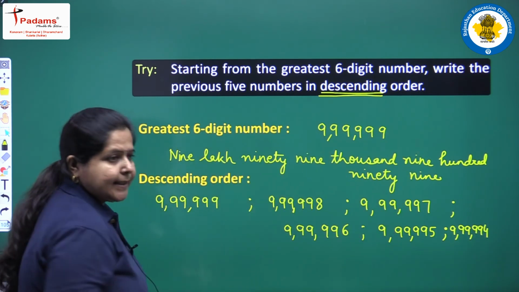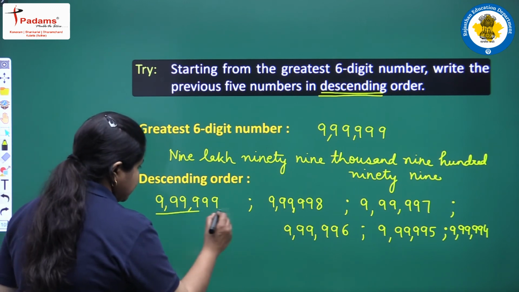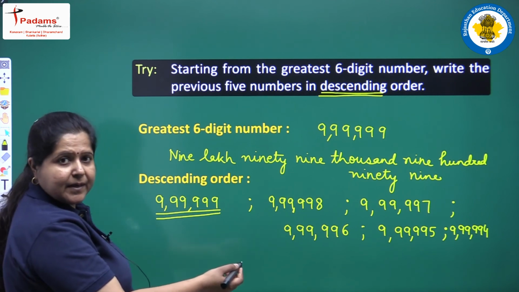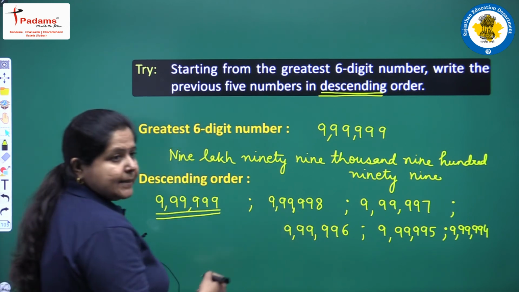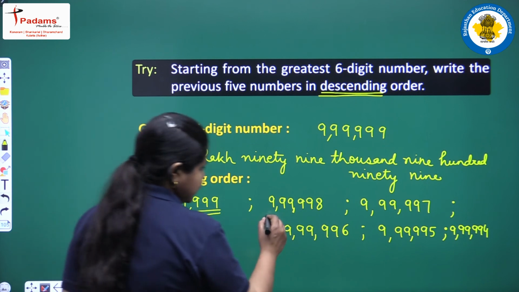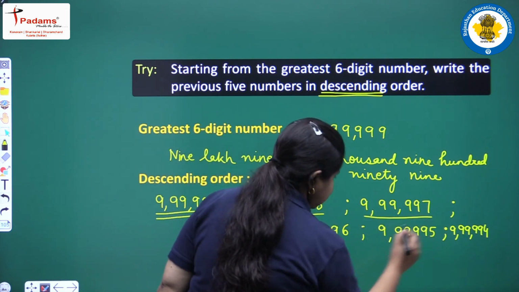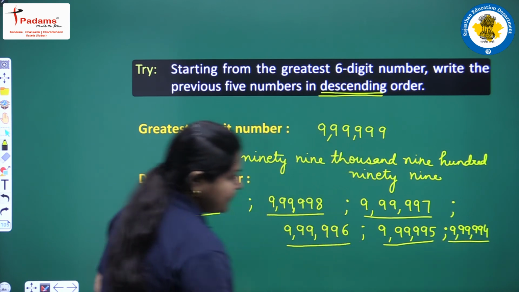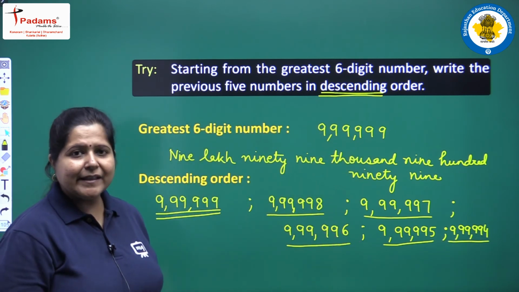So starting from the greatest 6 digit number, we have the next 5 numbers in descending order. The first one, the second one, the third one, the fourth one and the fifth one. I hope this is clear to you.